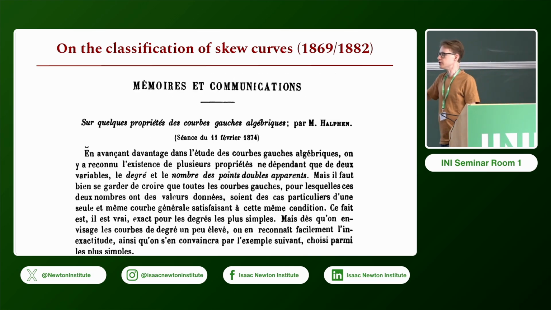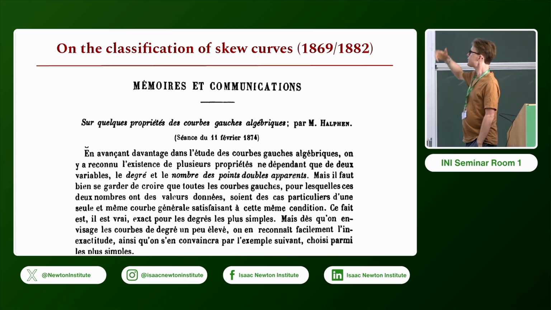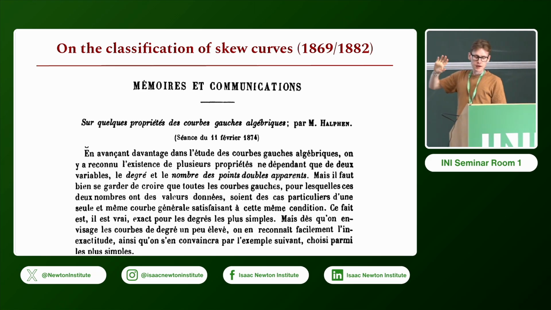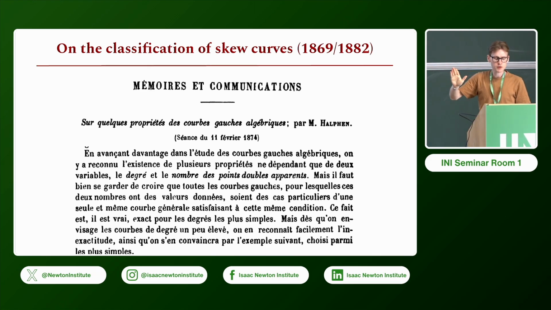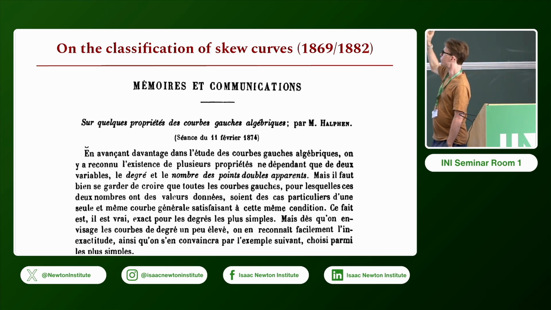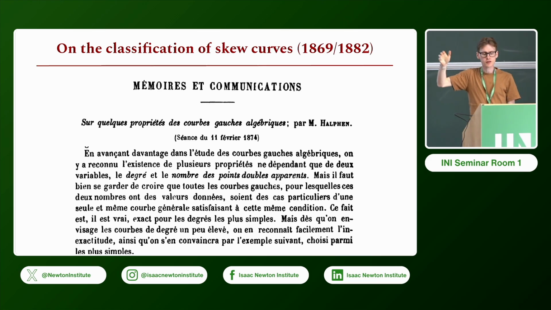And he goes on to say, well, sometimes we used to think that we could remedy this situation by adding a second number to the degree. We could consider the number of apparent double points. So we're looking here at smooth skew curves, but even a smooth skew curve when projected onto a plane may appear to have double points.